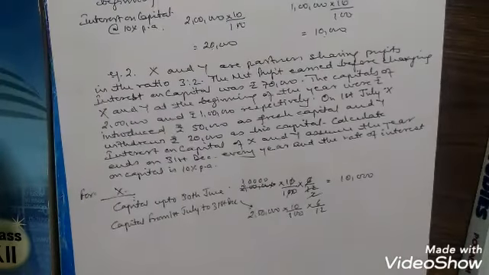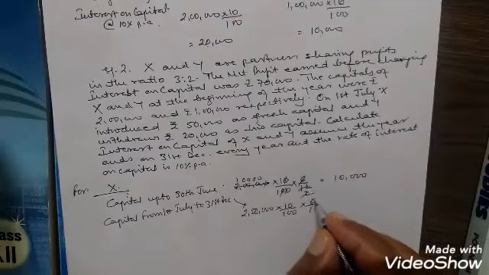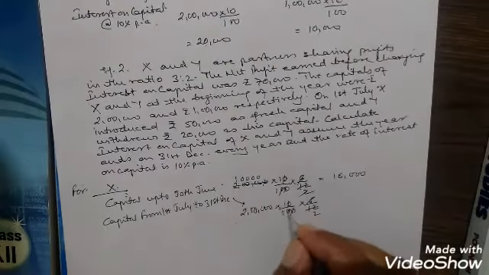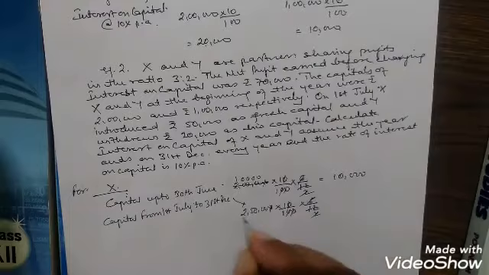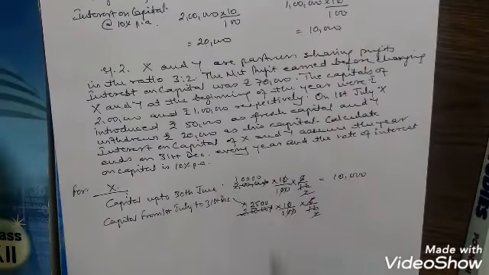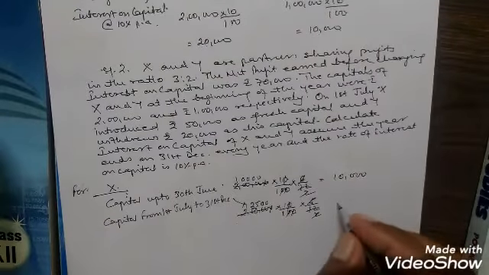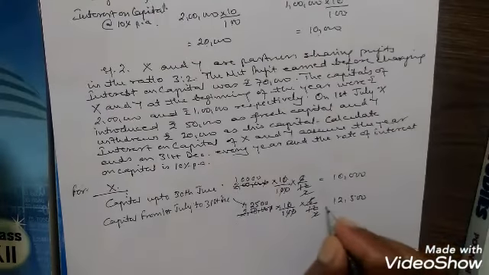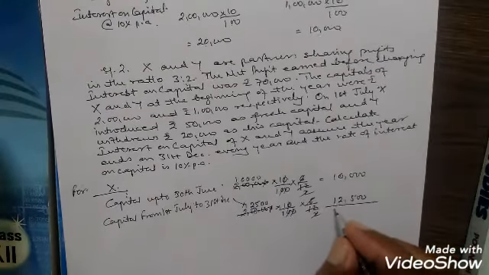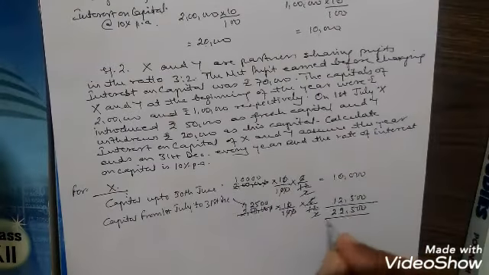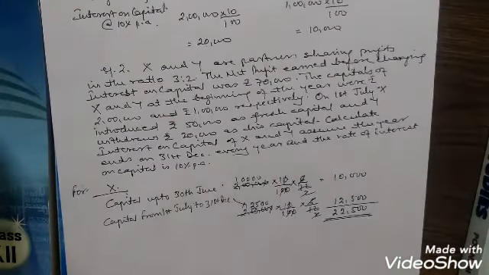From July to December, the period is 6 months, 6 by 12. It comes to rupees 12,500. So the total interest on capital comes to rupees 22,500.